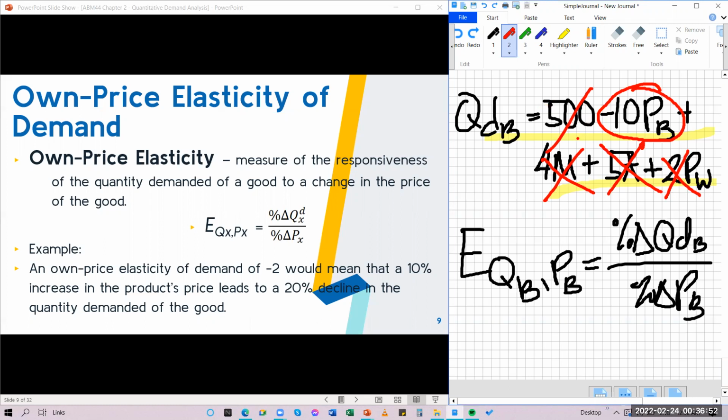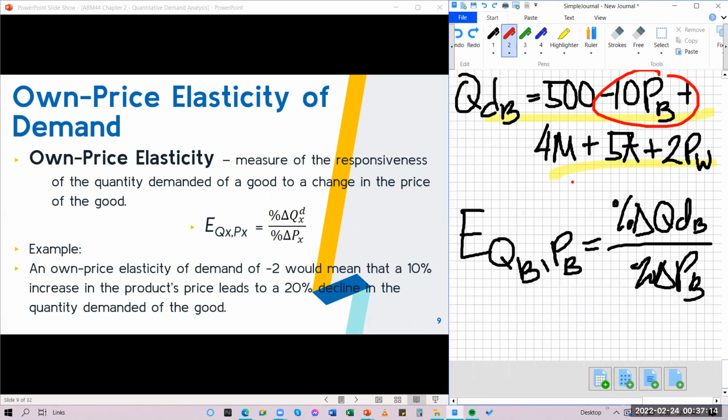So this is what we will be looking for, the own price elasticity of demand, which has a derivative of negative 10 with respect to the price of beer. So this will be the formula that we will be using. So based on the given equation, we have the elasticity.